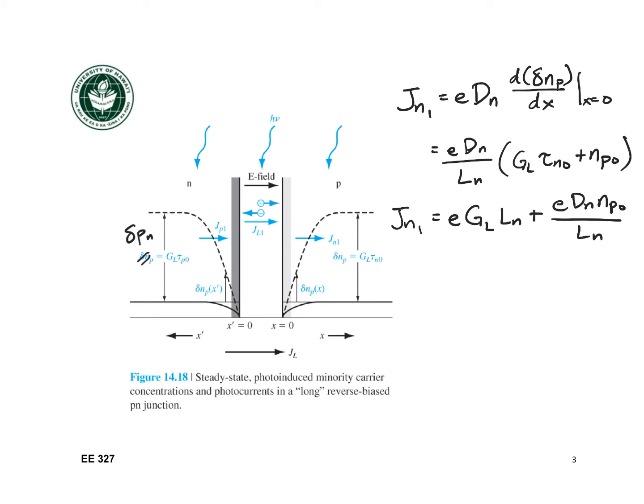And you would solve a similar differential equation to get the second component of the delayed photocurrent due to the holes, and that looks like this.